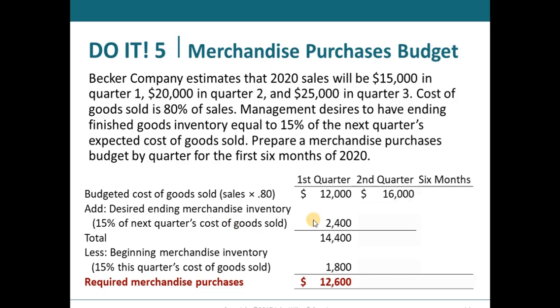Cost of goods sold for next quarter is 16,000, which is 20,000 times 80%.